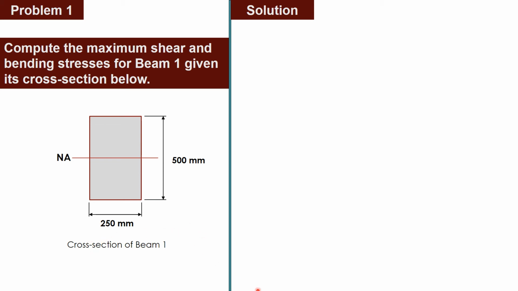This time, of course, we need the dimensions. Here it is 250 and 500 millimeters for the depth. And of course, we already know the location of the neutral axis. If you measure it either from top or bottom, it will be 250 and 250. And these again are our maximum values of shear and moment.